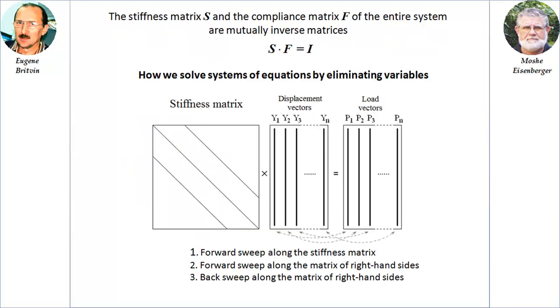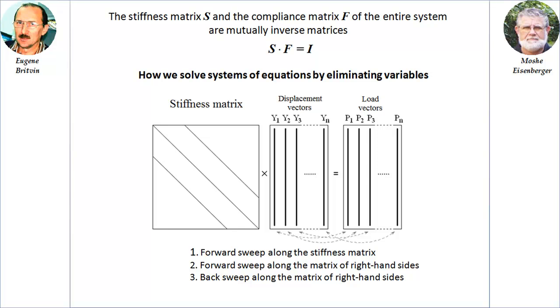Since the stiffness and flexibility matrices are mutually inverse matrices, then formally the procedure for constructing the flexibility matrix is reduced to solving a system of equations, where S and F are the stiffness and flexibility matrices of the entire system, and I is the identity matrix.